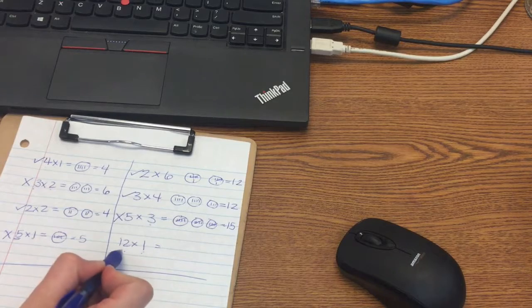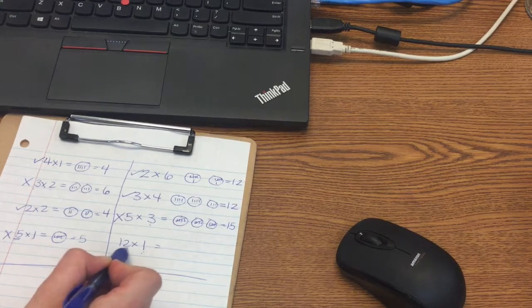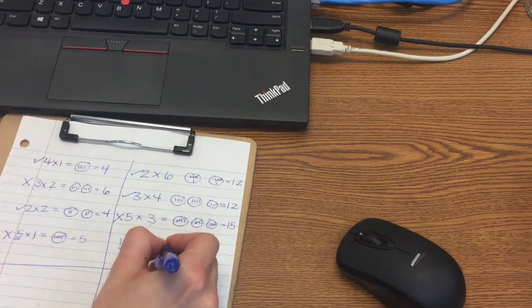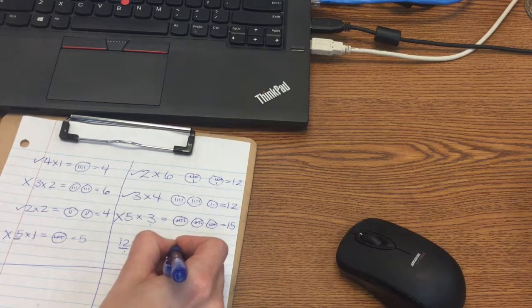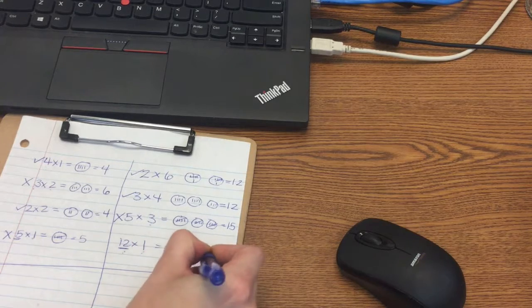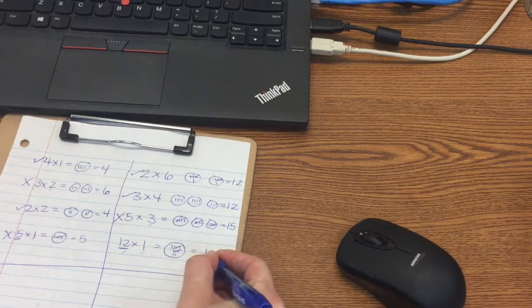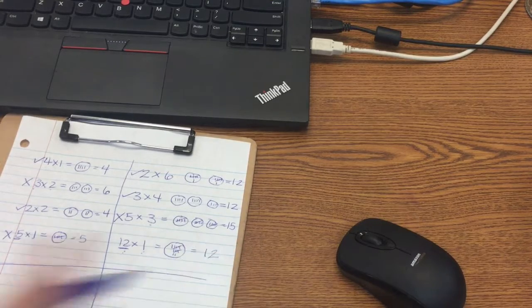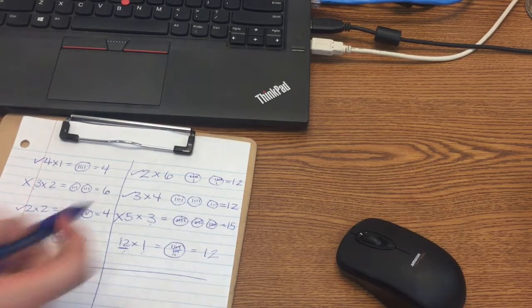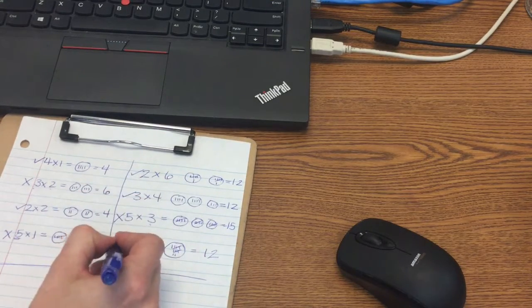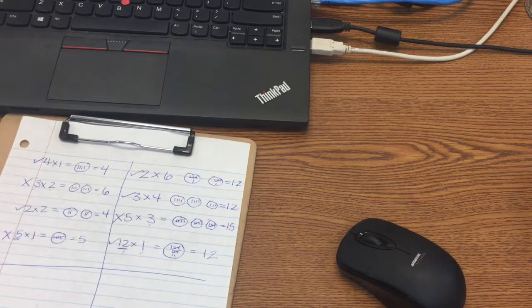I know 1 times any number equals that same number, but I could check it by drawing one group and drawing 12 tallies inside, 5, 10, 11, 12, and 12 times 1 equals 12. So this time I have 1, 2, 3 correct answers. That's fine, because remember, I have to pick more than one, but I can't have them all correct, but I could have 3 correct answers.